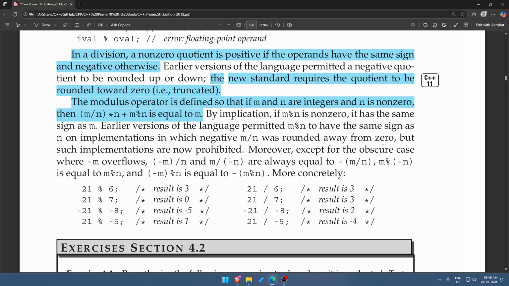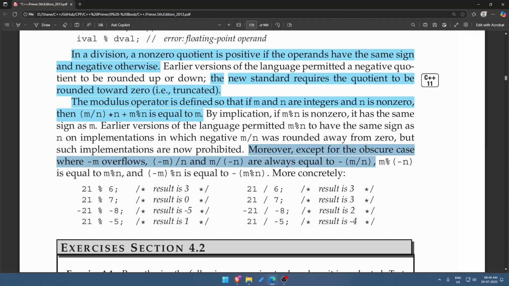Moreover, except for the obscure case where minus m overflows, minus m divided by n and m divided by minus n are always equal to minus of m divided by n.